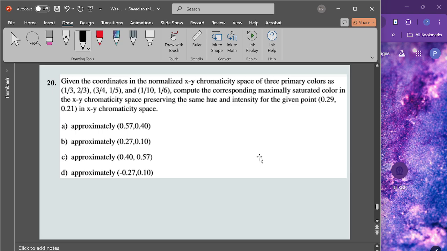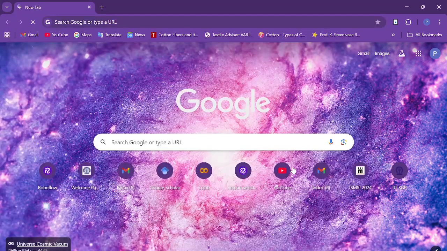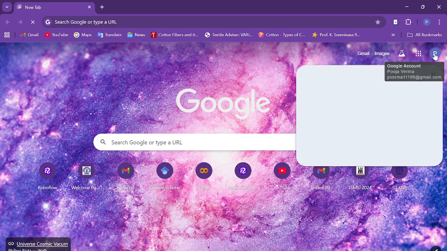Maximally saturated color in XY chromaticity space, preserving the same hue and intensity for the given point 0.29, 0.21 in the XY chromaticity space. So just a minute.